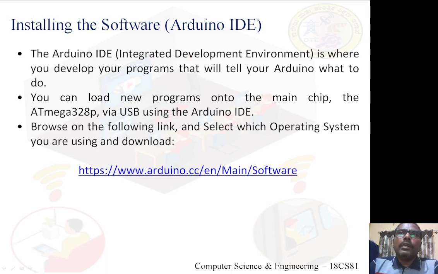Now, assume your platform might be Windows or maybe Linux or a Mac. I'll tell you from where you can download Arduino. As you can see on the slide, there's a hyperlink, https://www.arduino.cc/en/main/software.